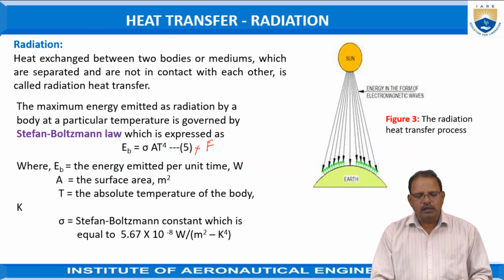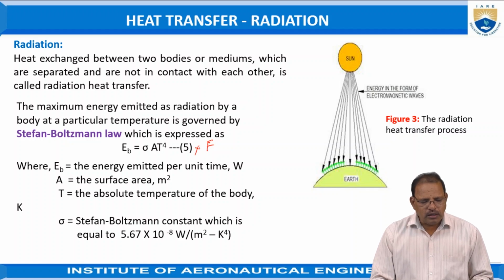Here, Eb is representing the energy emitted or radiated per unit time, which is generally measured in watts. A is representing the surface area in meter square.